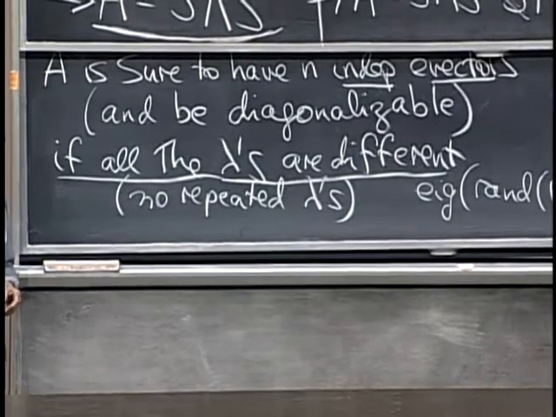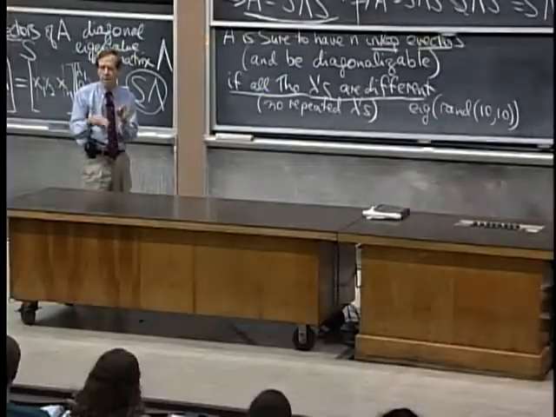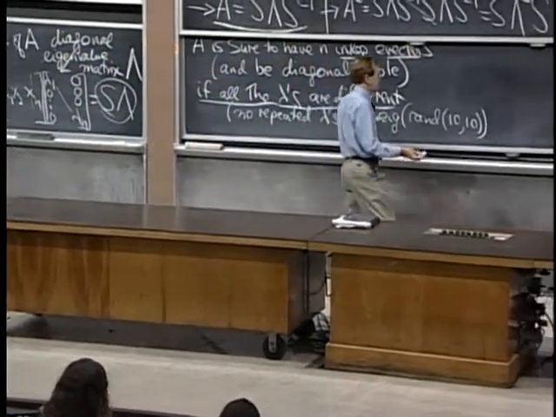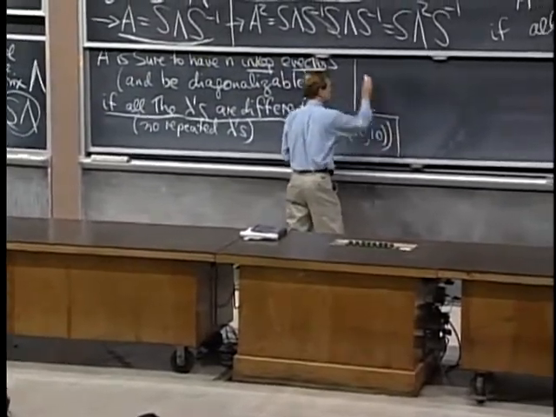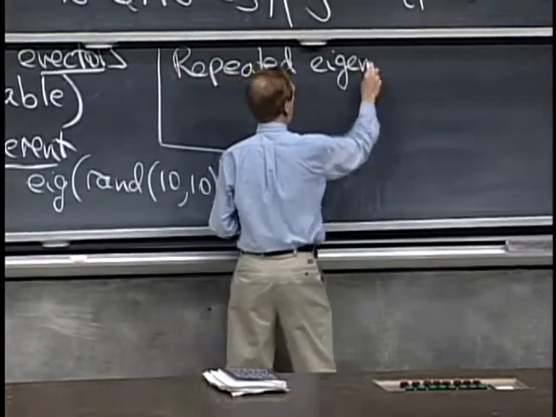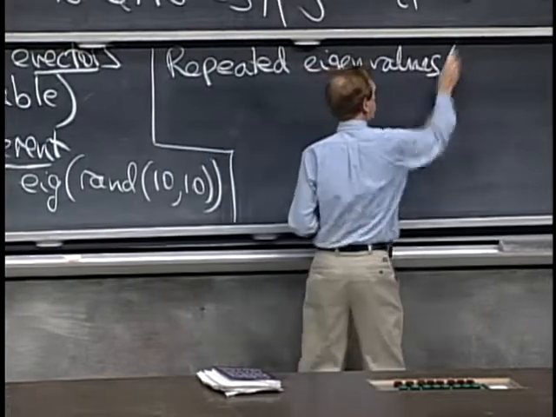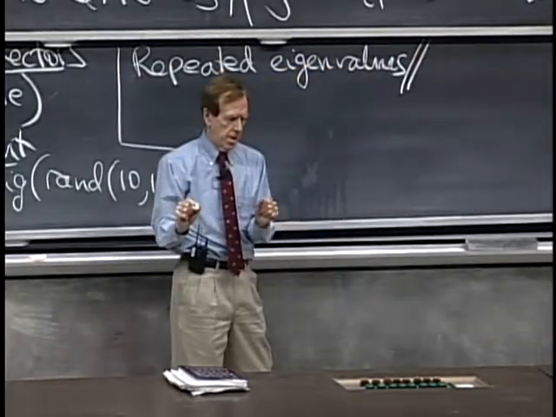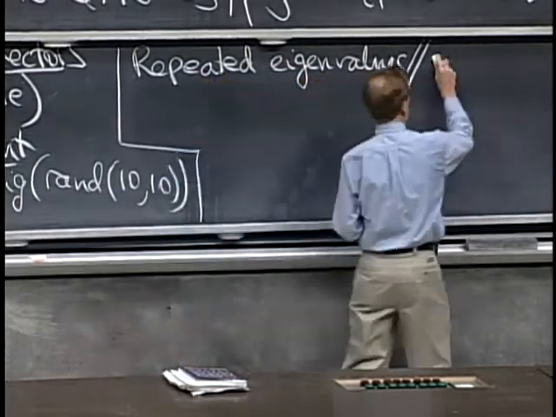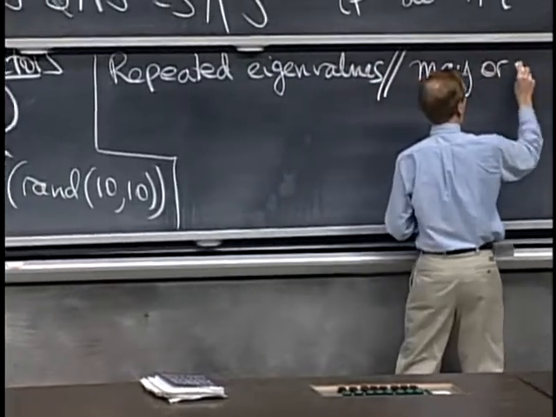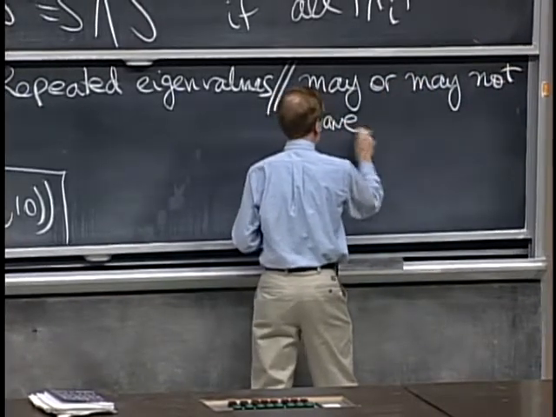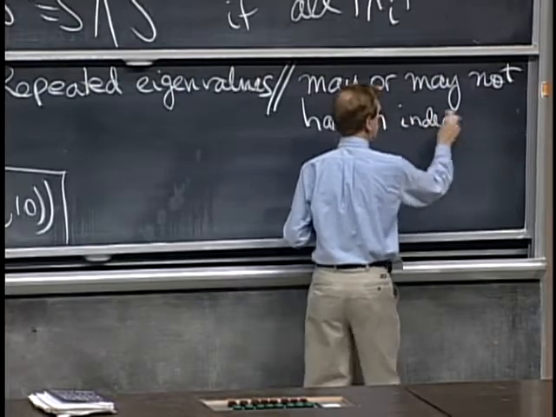It's just if some lambdas are repeated, then I have to look more closely. If an eigenvalue is repeated, I have to check. Say it's repeated 3 times. And let me emphasize the conclusion, that if I have repeated eigenvalues, I may or may not have n independent eigenvectors.